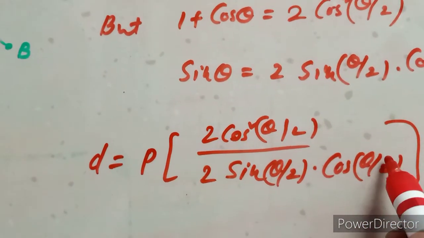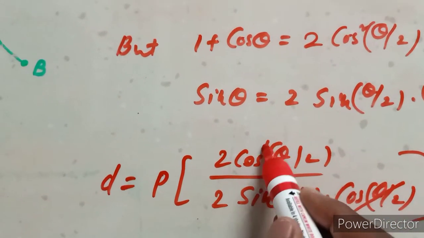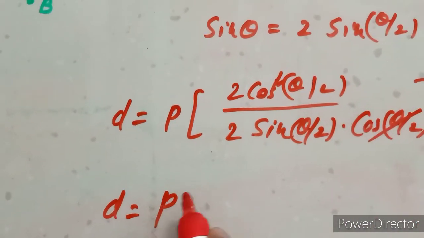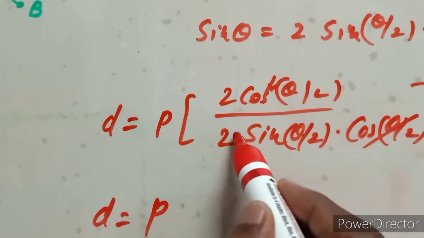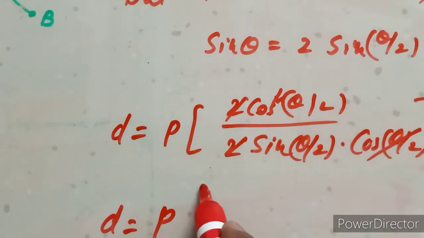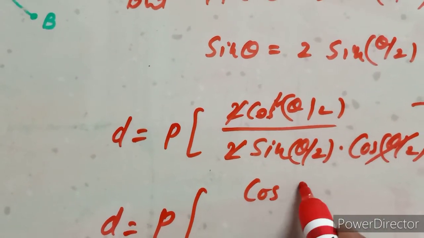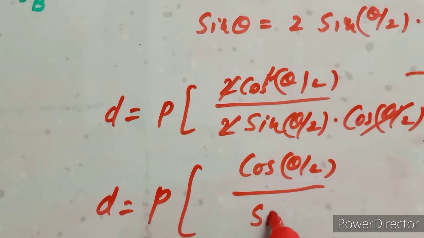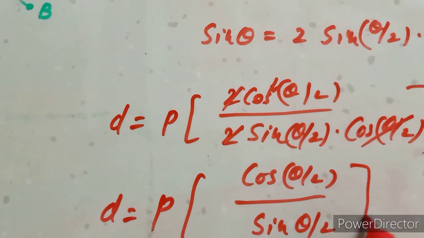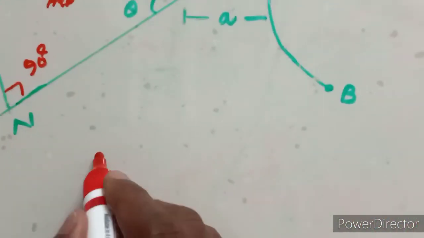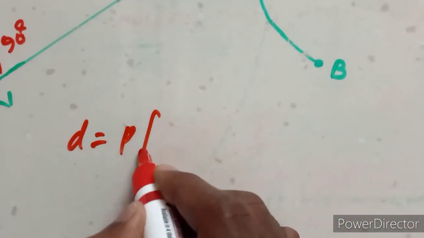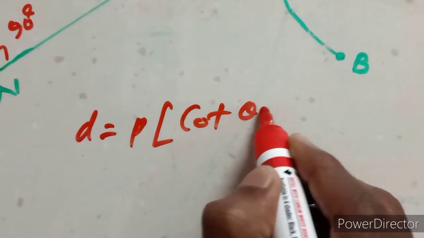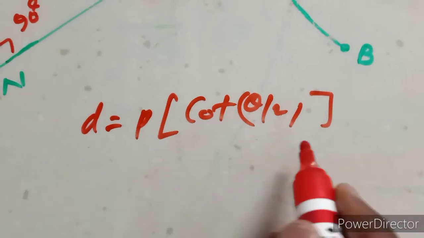Then cos theta upon 2 squared is cancelled, and 2 already cancelled, remaining D equals P into cos theta upon 2 upon sin theta upon 2. Therefore D equals P cot theta upon 2. This is the D.